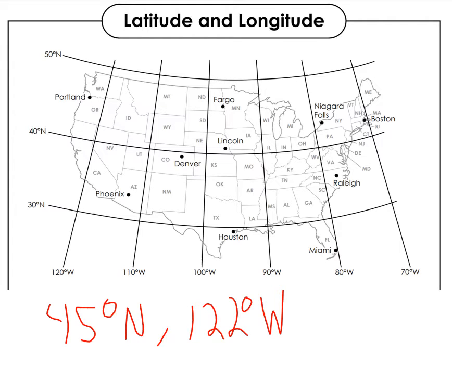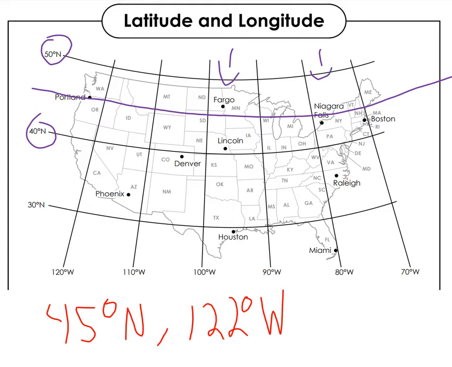Okay, this time since I wrote in red, I'll use purple for the second part. All right, and I need to find 45 degrees north first. All right, so I have 40 here, I have 50 here. It's halfway between those. So I have to draw this line all the way across, and it looks like it might be Fargo, it might be Niagara Falls, it might be Portland. Okay, it could be any of these at this moment. We're not sure because my line is not going to be in the perfect spot.